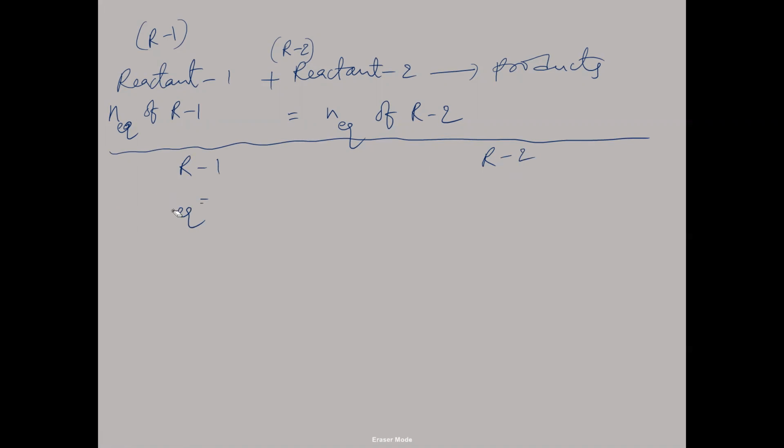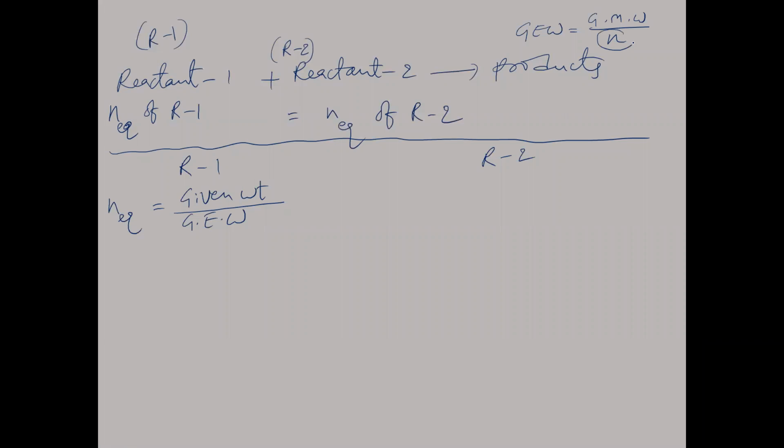Number of equivalents is equal to the given weight of the first reactant divided by gram equivalent weight. Again, how do we calculate gram equivalent weight for different substances? Gram equivalent weight is equal to gram molecular weight divided by N factor. So the gram equivalent weight of any substance is gram molecular weight by N factor.